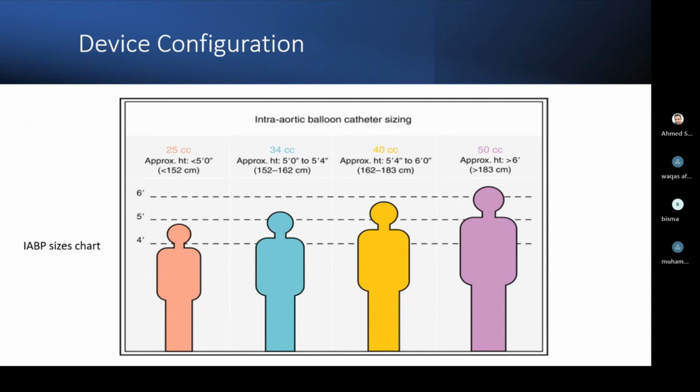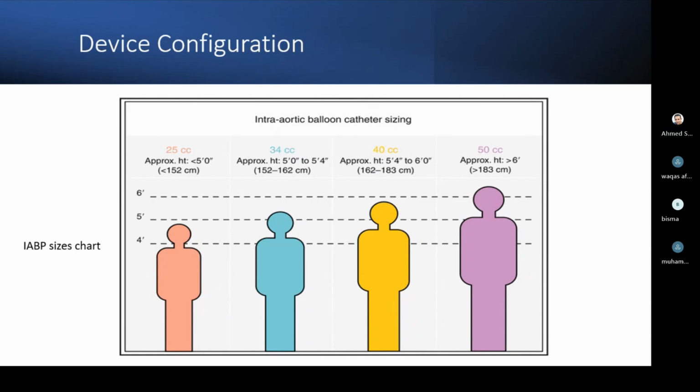These are similar to each other. I don't know if you have an idea about this, because if the Fr decreases and the volume stays the same, then the catheter length increases. So a 7 Fr with 40 cc will have the same length as an 8 Fr with 50 cc.